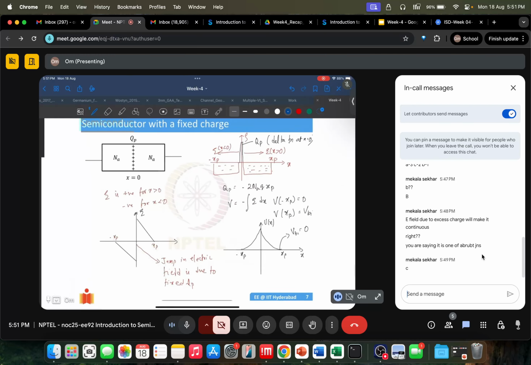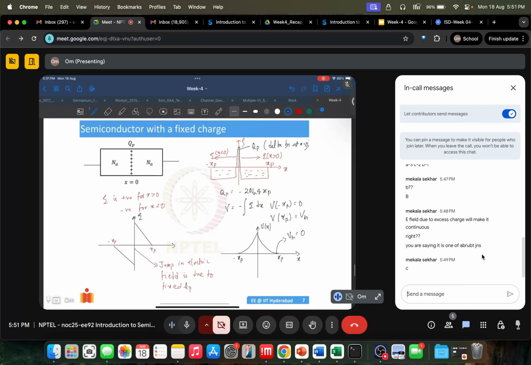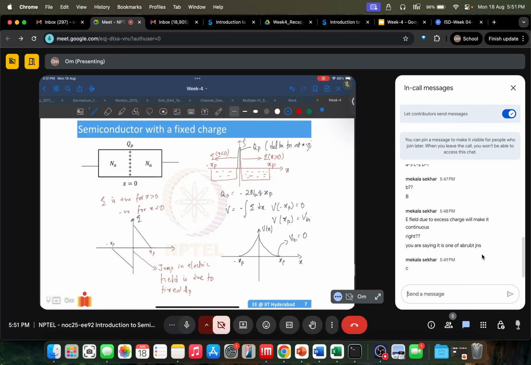This we have seen in the class also. If you remember your notes, the same question was taken by the professor also in the lecture. So we have a p-type doped semiconductor with positive charge in the middle. This is its space charge diagram, negative on both sides and positive in the middle.